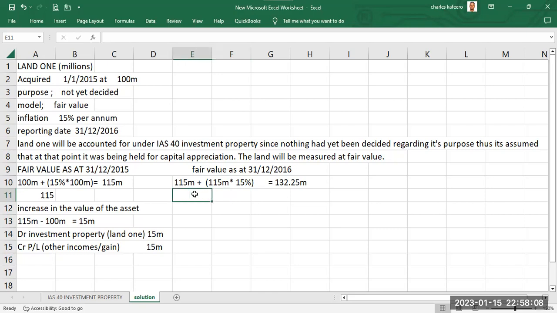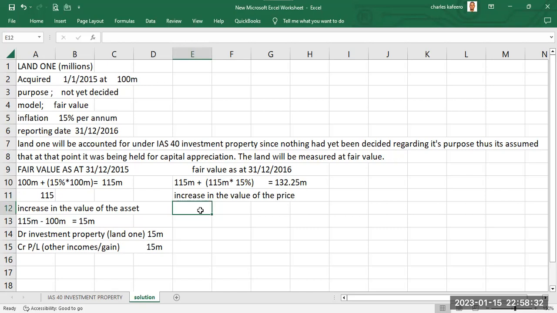But again, here we also have to compute the increase in the value of the asset.